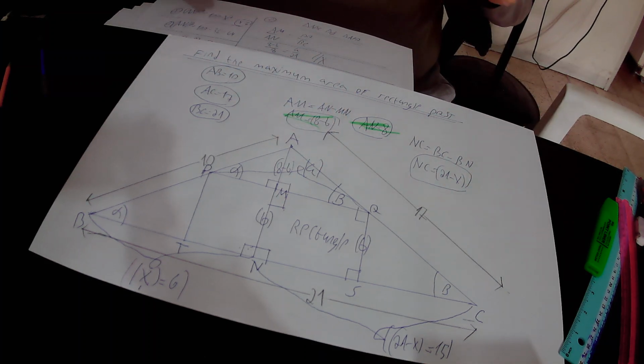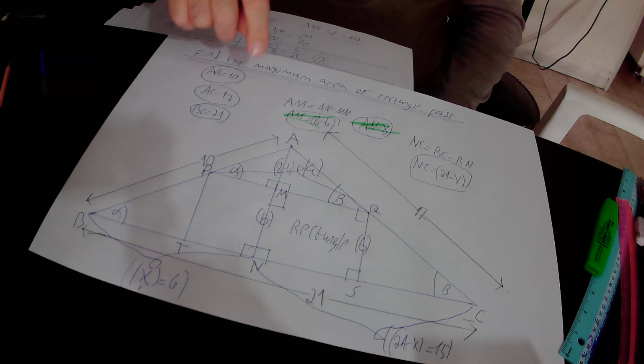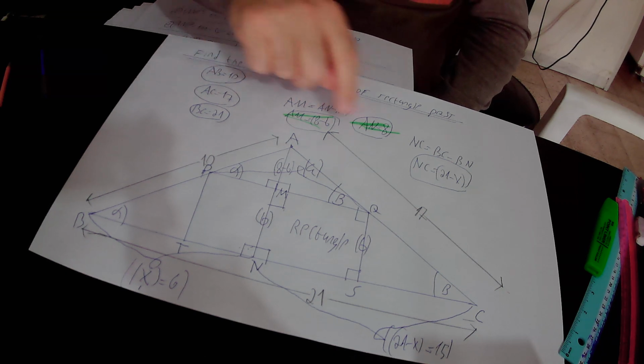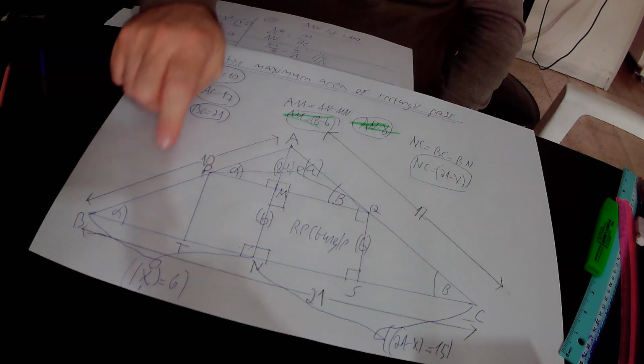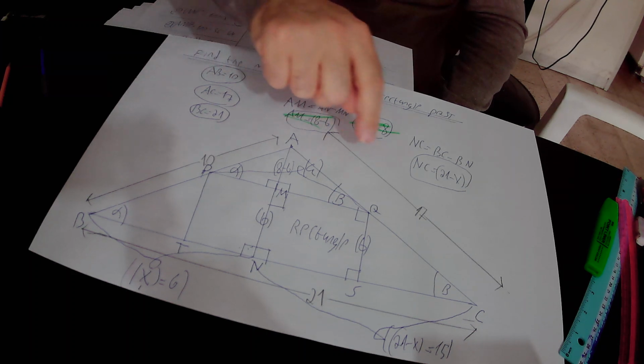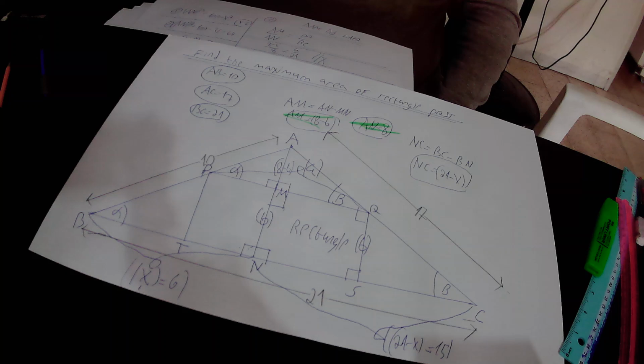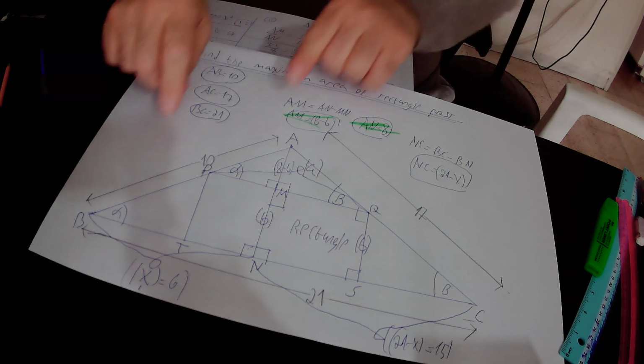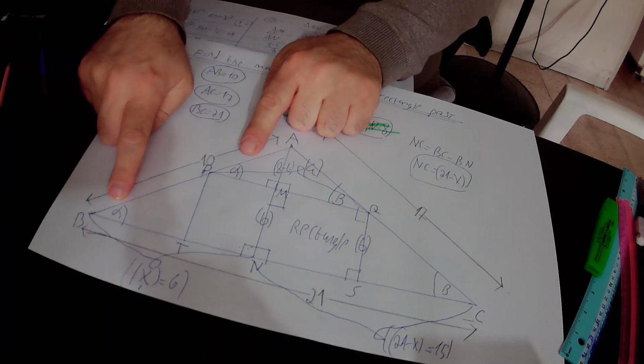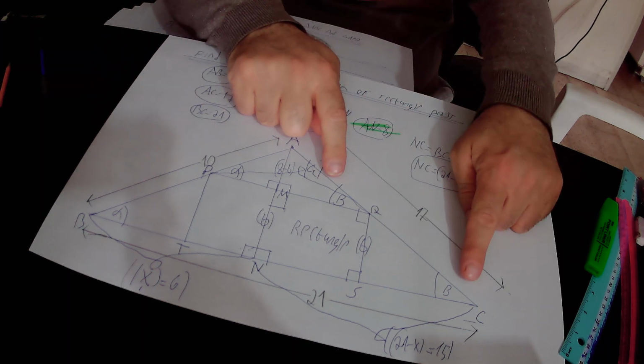In the next step, we prove that the big right triangle ABC is similar to the small triangle AQP. First of all, these two angles are both equal to alpha, so they are equal to each other. In addition, these two angles are both equal to beta.